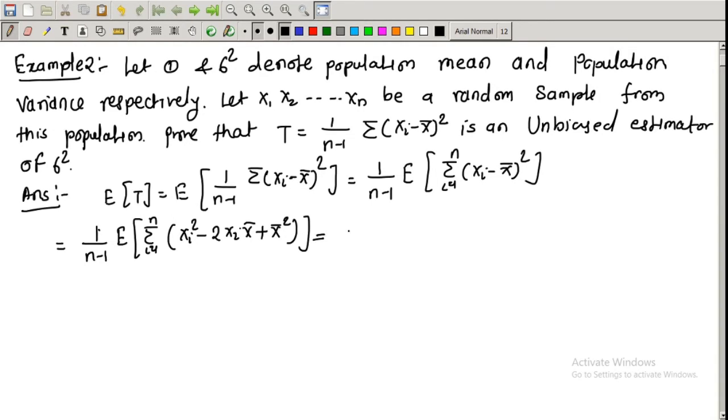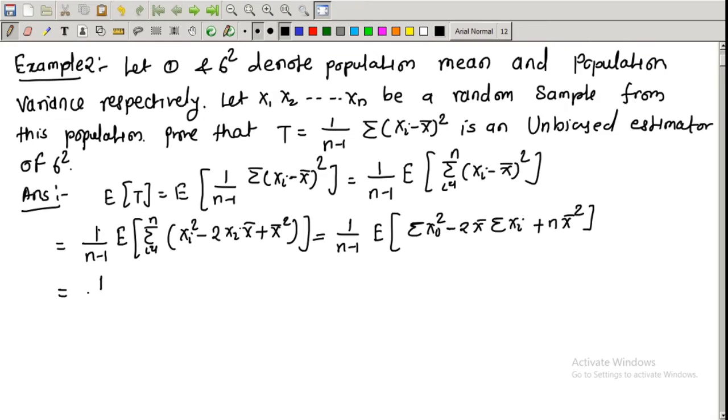Then, if I take the summation inside, it is 1 upon n minus 1 expectation as it is, summation of xi square, correct, minus 2 x bar, which is constant, summation of xi, plus n into x bar square, because x bar square is constant.